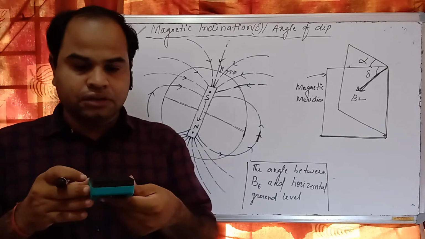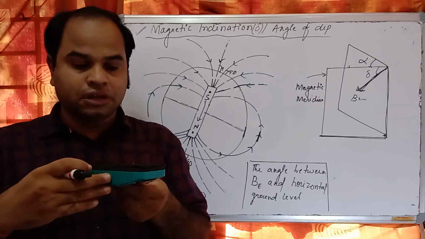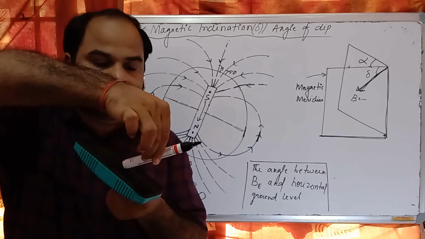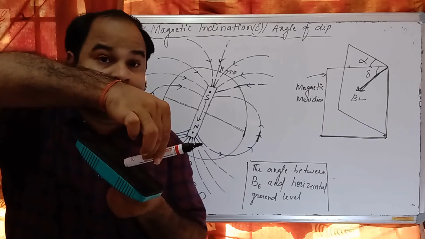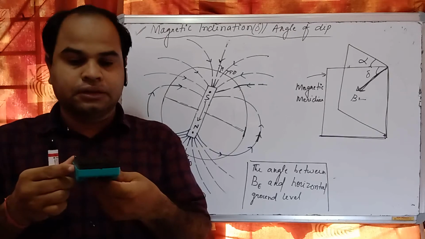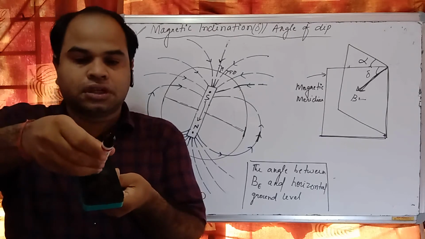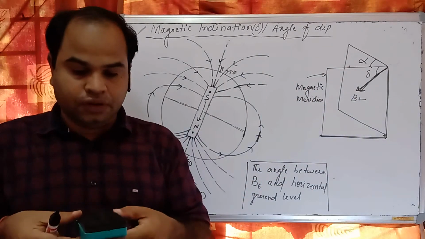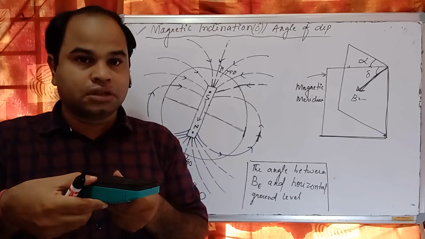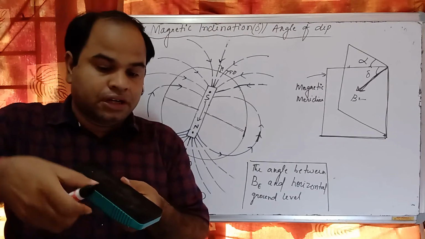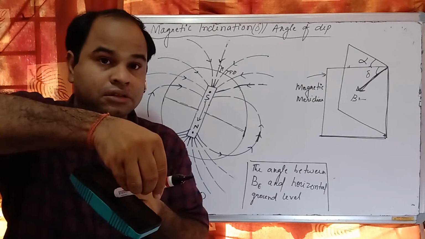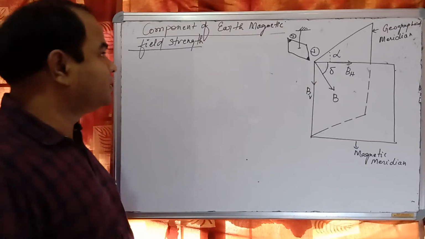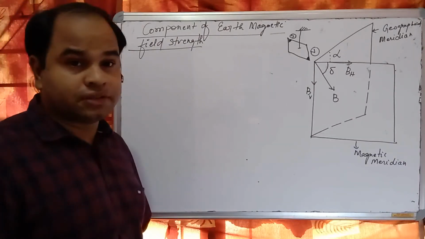The angle it makes with the horizontal is your dip angle, this is your delta. Again this is your earth magnet. The bend here is alpha, and the angle with the horizontal is your dip angle, that is delta. Okay?